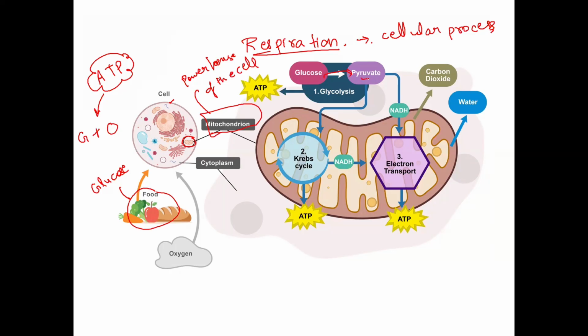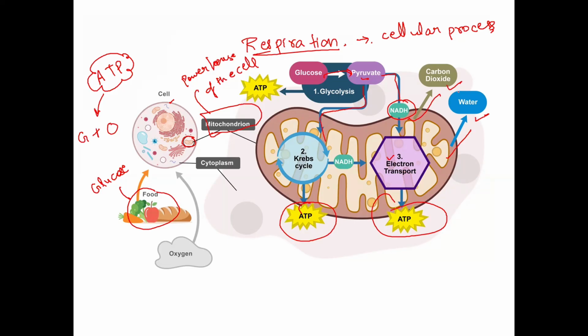It's a kind of organic compound, and this step is called glycolysis. Pyruvate is converted for the molecule NADH, then the system runs. It again runs the Krebs cycle, then the electron transport system, then finally produces ATP. And the byproducts are water and carbon dioxide.